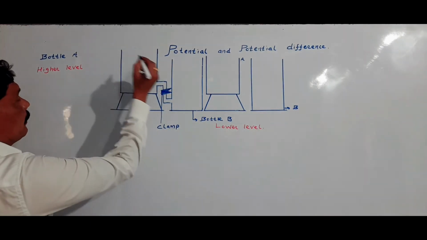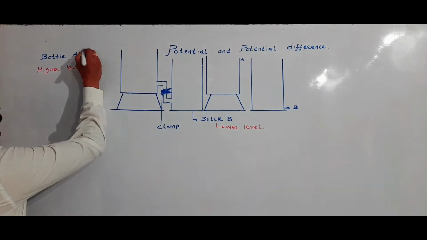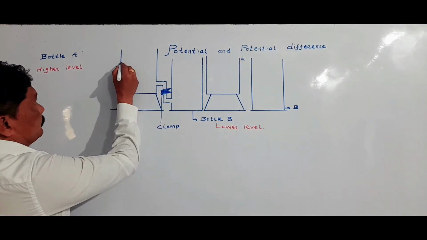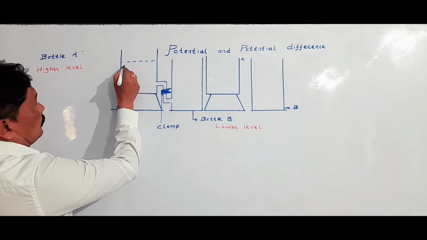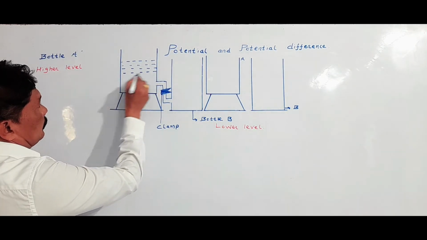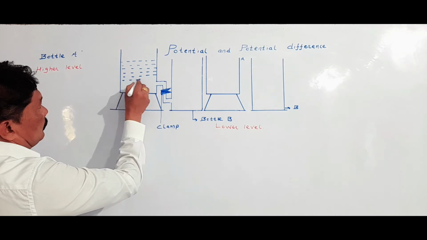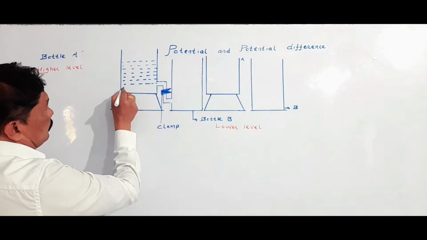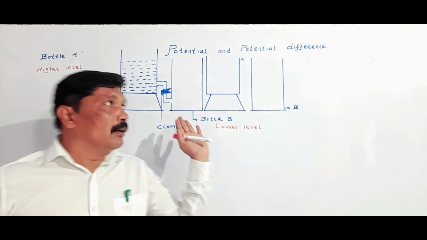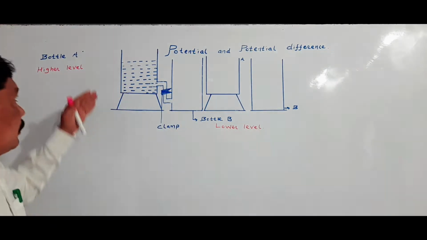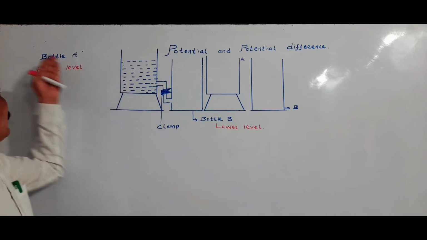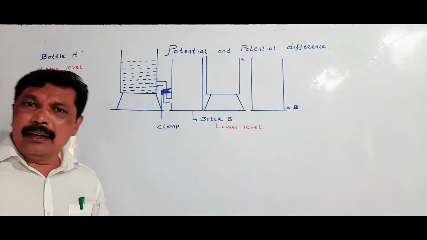Now my dear student, if we fill the plastic bottle A, which is kept at higher level, with water, we can say that the water in plastic bottle A is at higher level.